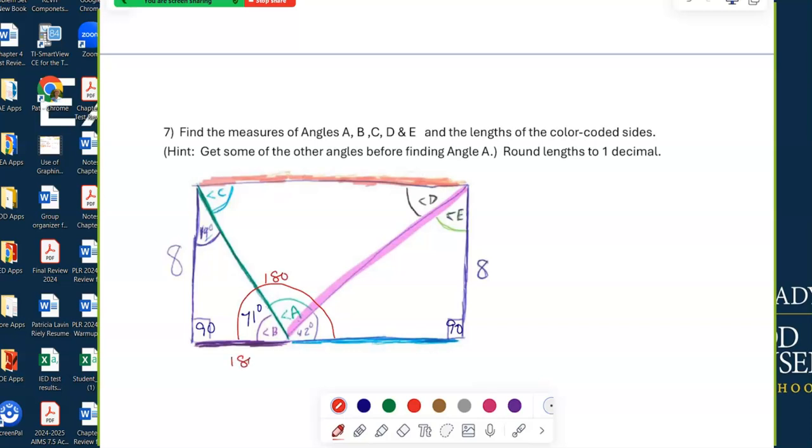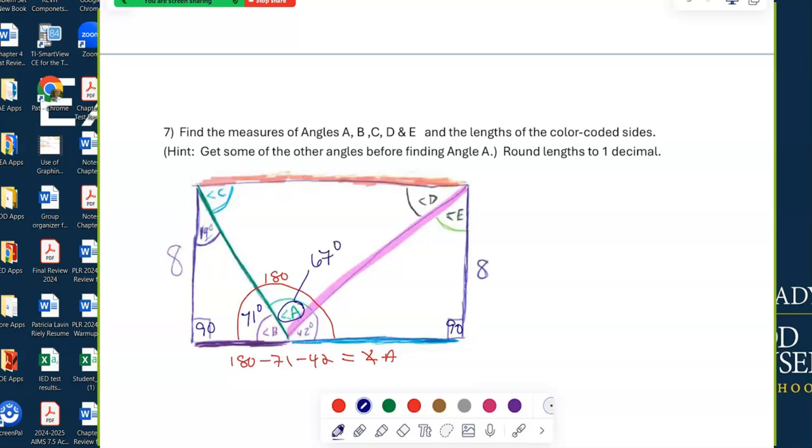So 180 minus 71 minus 42 is going to equal angle A, which is 67 degrees. So this angle A is 67 degrees.